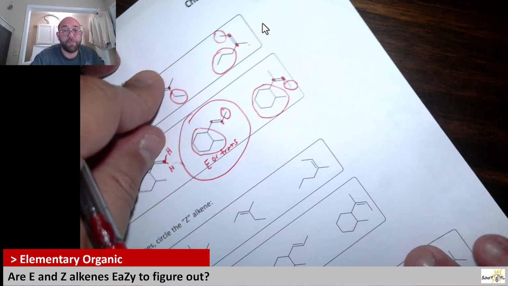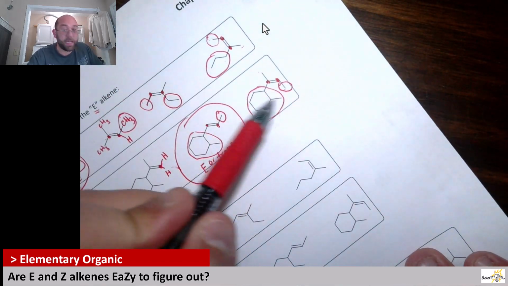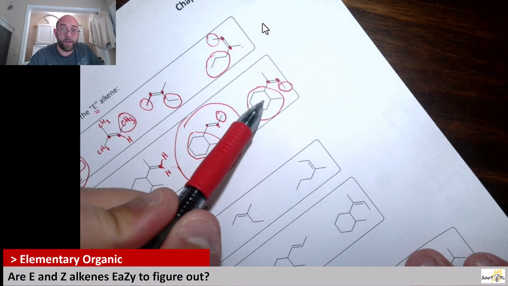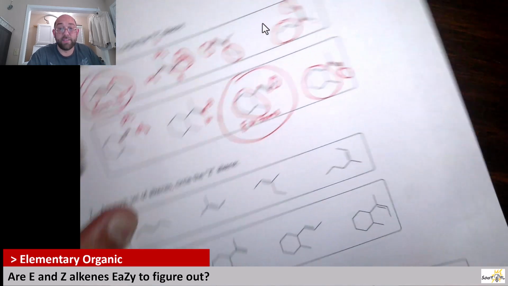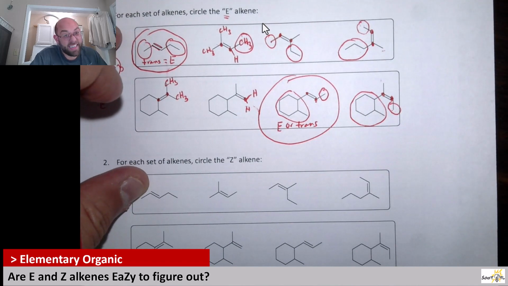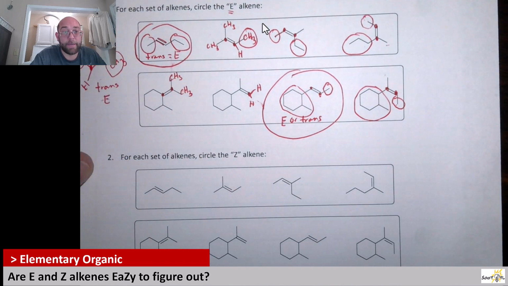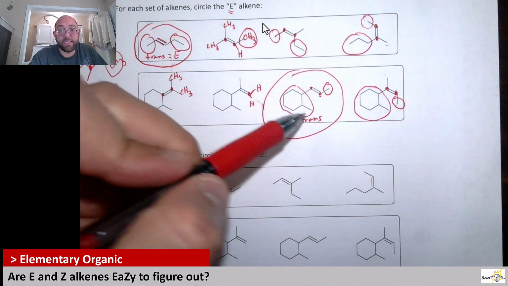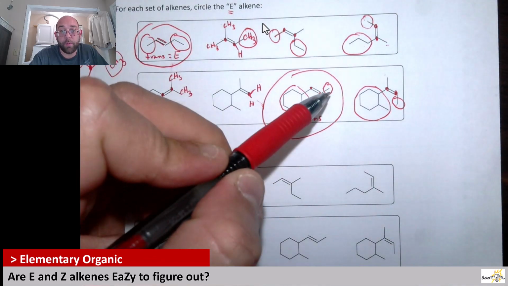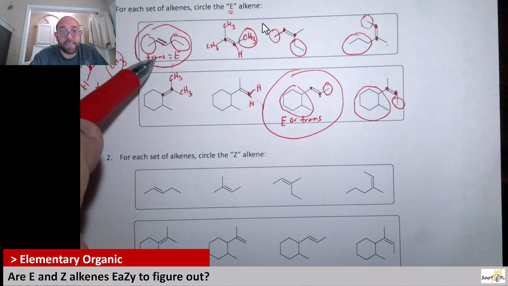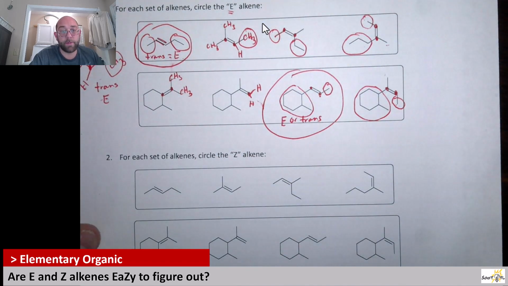And you notice, if I turn it this way, you can see they're on the same side of the double bond, the methyl and the ring. So this is not an E or trans. This would be a Z. I wouldn't name it cis. But because this E and this E only had two groups across the double bond, that's why I labeled these as E or trans.